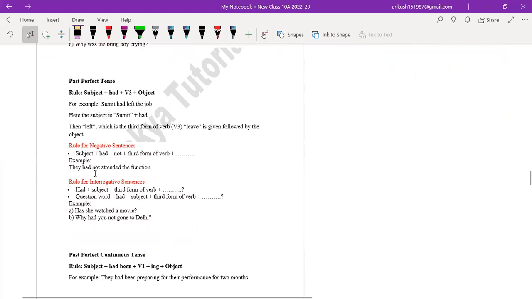Another tense or subtype of past tense is perfect tense. See again, perfect. It means some action was started in the past and it was completed there in the past only.